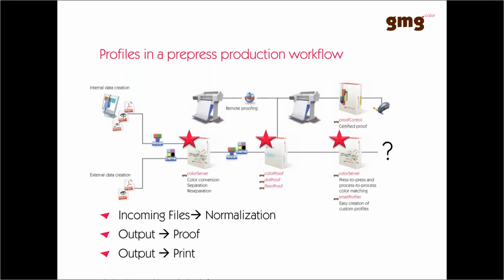You need to adjust your images, and so you can use the color server, drop in all your mixed files with old colors, CMYK and RGB, and normalize all your incoming files to the latest color standard, to FOGRA 51. That's what the normalization step is doing here.